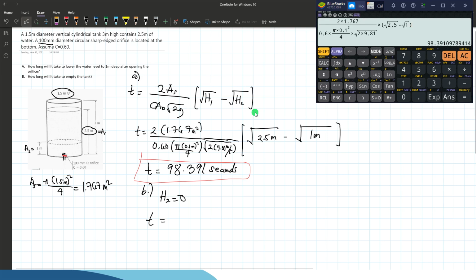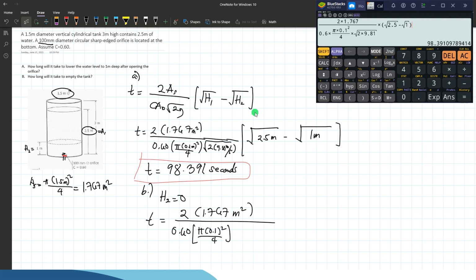So same: 2 times 1.767 over 0.6 multiplied by pi times 0.1 squared over 4 times the square root of 2 times 9.81, then multiplied by the square root of 2.5 minus the square root of 0. Okay, just change this to 0.